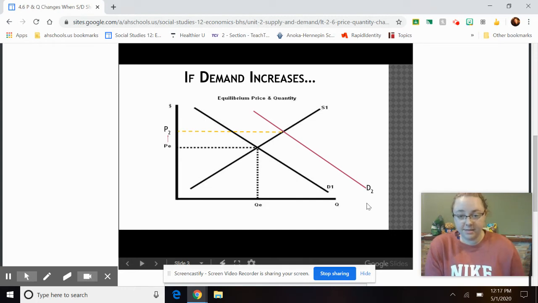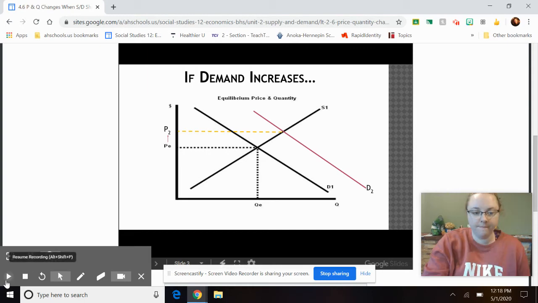The new equilibrium dot is going to go, if you follow my mouse, right here. So we're moving from right here up to here. The supply line didn't shift, the demand line shifted. However, it's a change in both equilibrium price and equilibrium quantity.